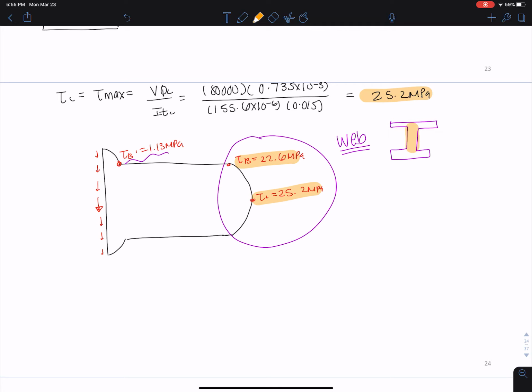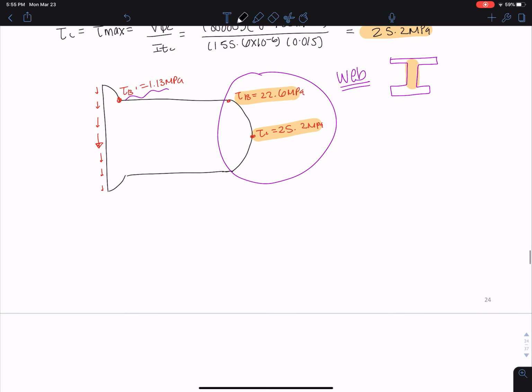So some codes allow us, instead of calculating these actual stress values, to just use the average shear stress on a cross-section of the web rather than using the shear formula. If you remember, we know how to calculate the average shear stress.